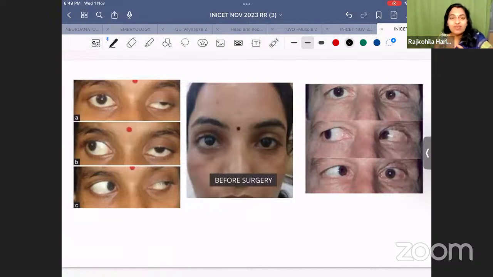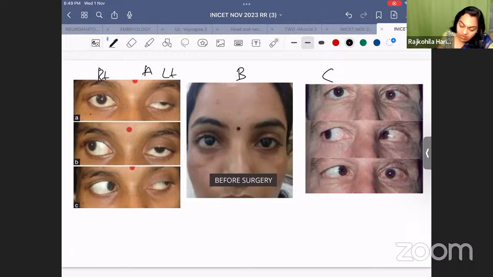Now again, this also has been asked over the previous years. So image A, B, and C. You're going to tell me which cranial nerve is injured here. So in image A, you can see this is the right eye, this is the left eye. Okay, 1, 2, and 3.